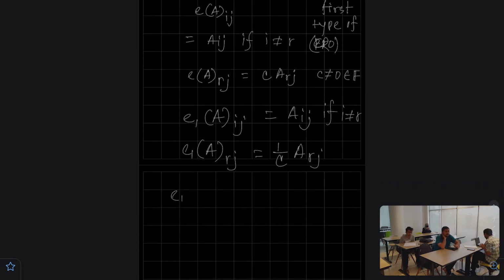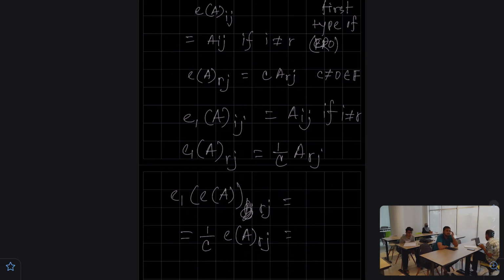Now if I apply E1 of E of A and I consider the rj element, because ij is always the same, this is equal to 1 over C times E of A_rj. And what is E of A_rj? C times, sorry, 1 over C times C times A_rj, and this is A_rj. That means for every elementary row operation, there exists an inverse operation.